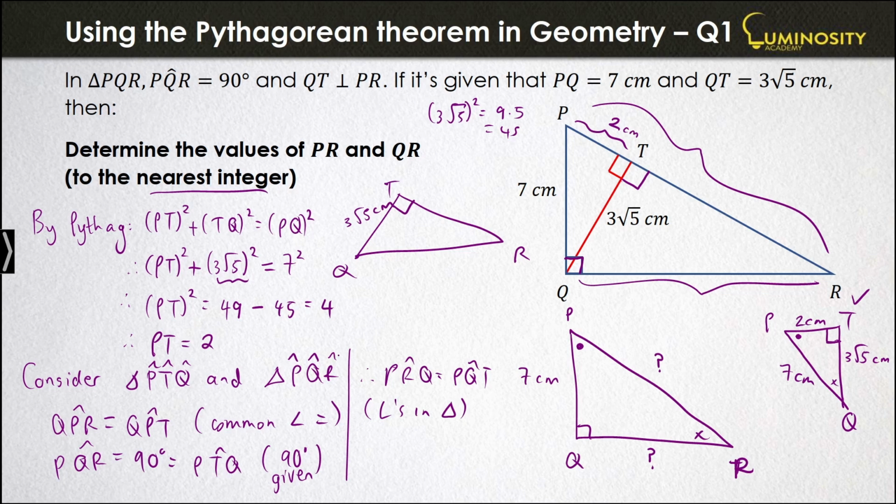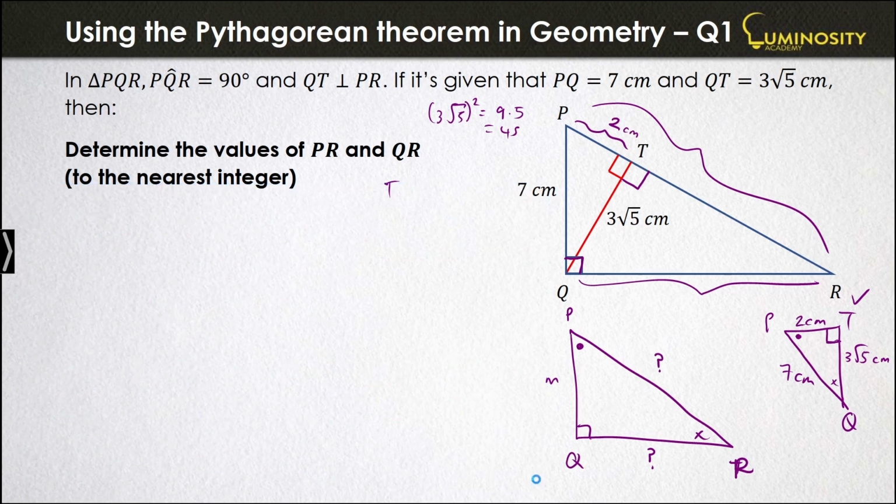So now that we have similarity, we can go ahead and use proportionality of those similarities. Okay, so let's make some space here. Let's just state what we've proven. We've proven that triangle PTQ is similar to triangle PQR. So now I'm going to use the relationship PR divided by PQ.